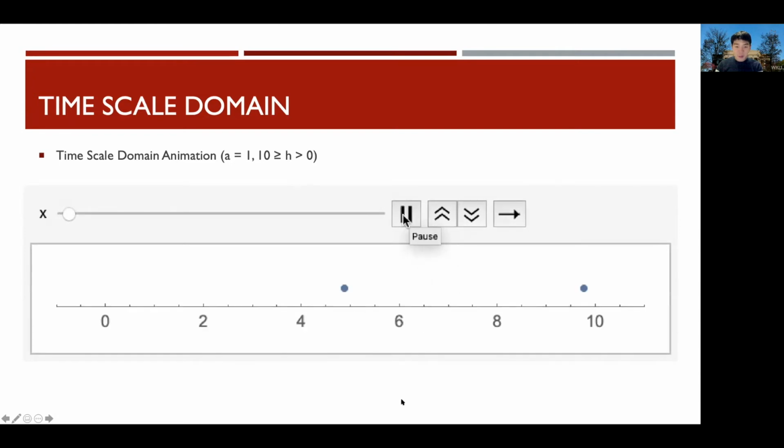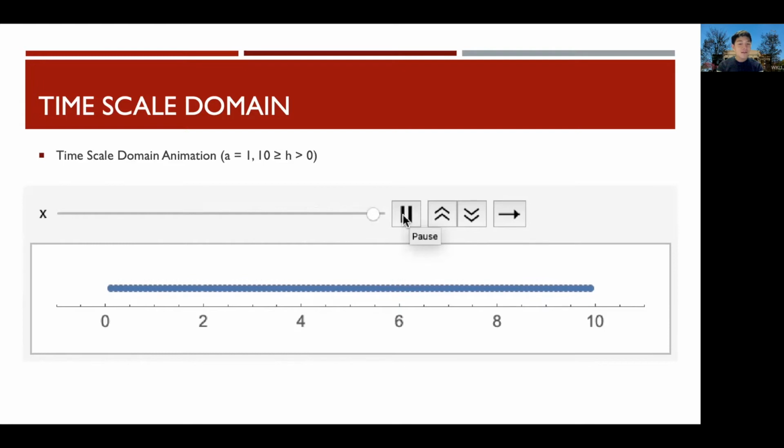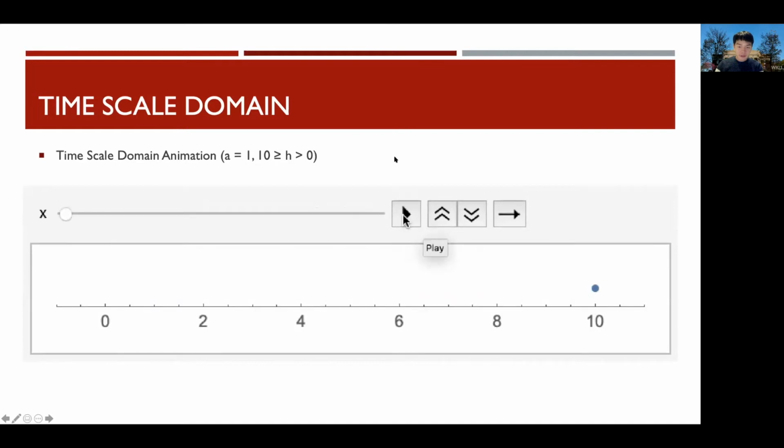So if you'll watch this visual representation here, you see more and more possible values enter this domain as h approaches 0. And as we near the middle and the end of this animation, these points are so close together that eventually, as h gets very, very close to 0, we get basically almost a continuous domain, which is what is expected as h becomes very close to 0.